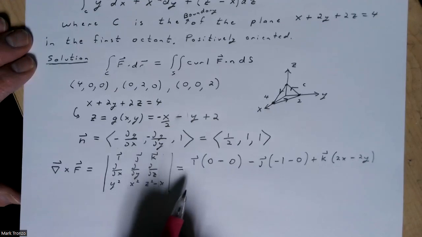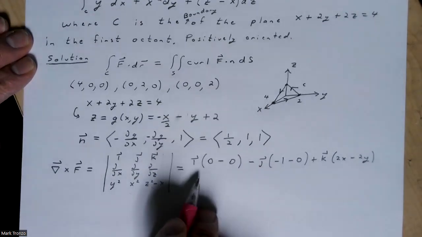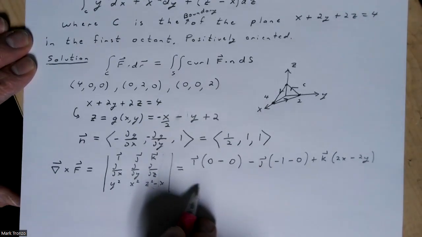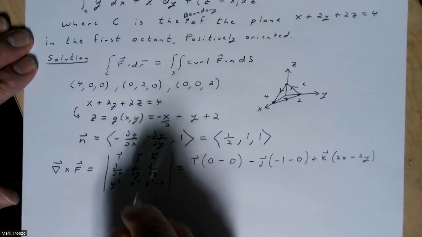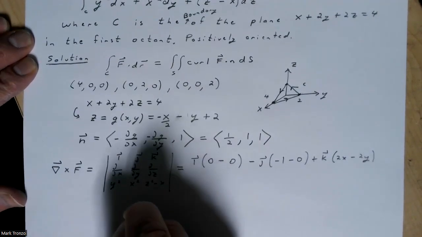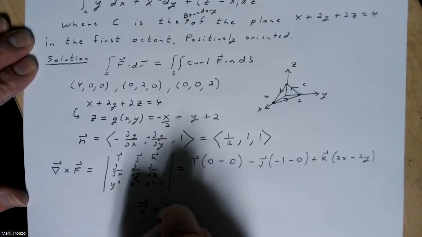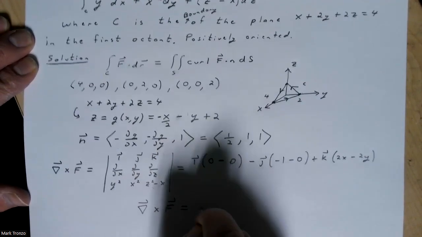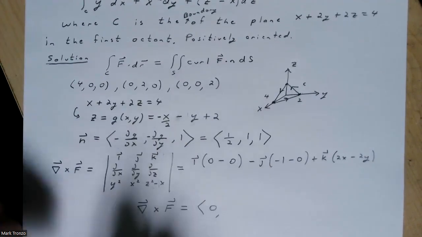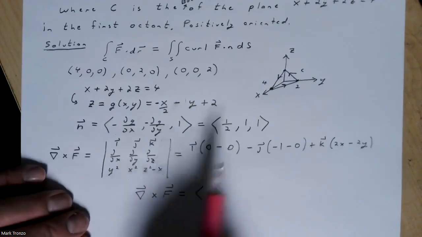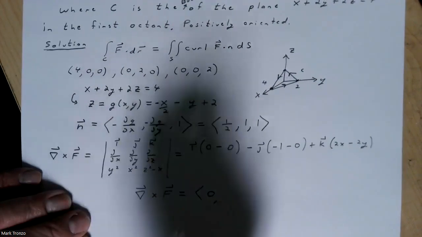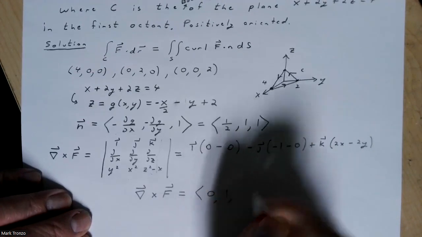And a lot of times I like to write this with the angle brackets. So this was the curl. So let me actually just rewrite it like this. And there'll be 0. And this will be negative of a -1. That'll be 1.